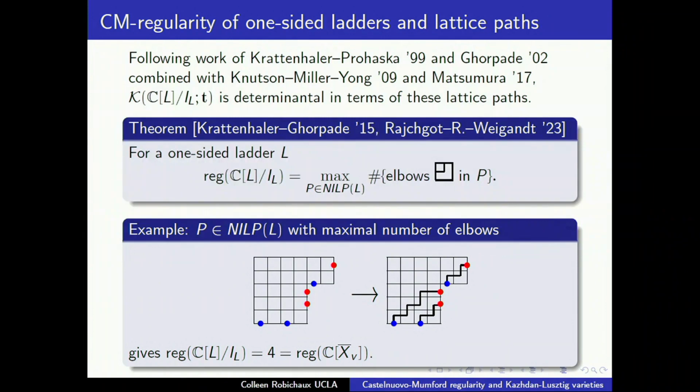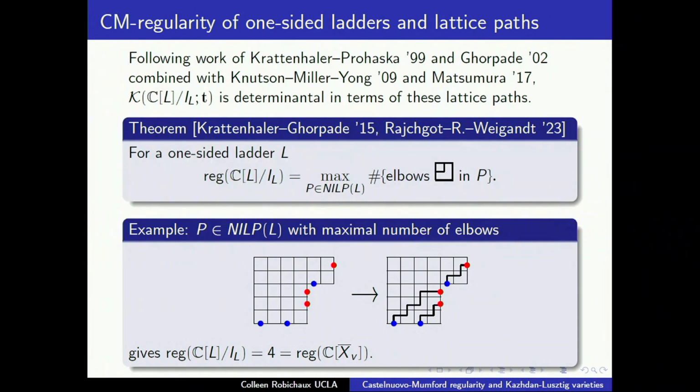What this is coming from is that these non-intersecting lattice paths are in straightforward bijection with excited Young diagrams. Because to each of these diagrams, in this blank space that I have here, I can fill all of those with pluses.